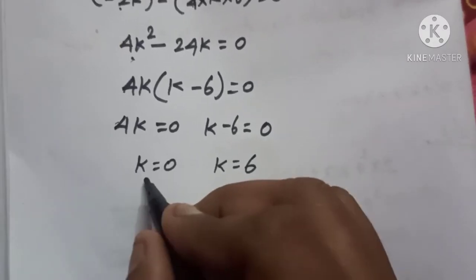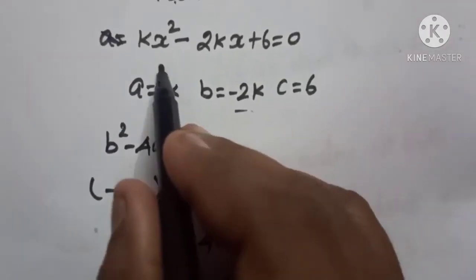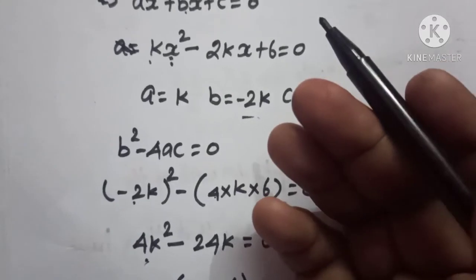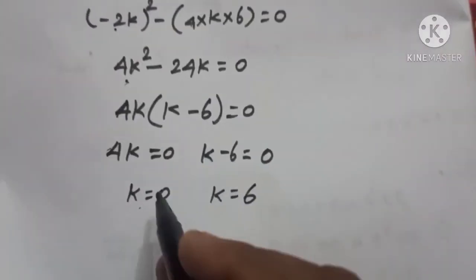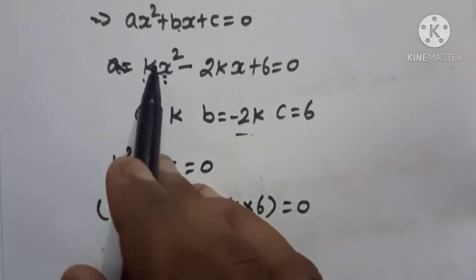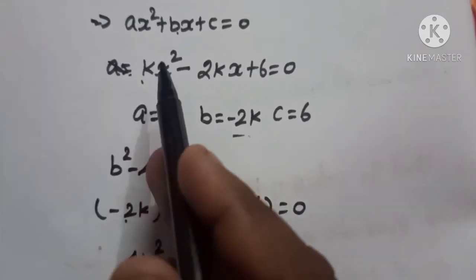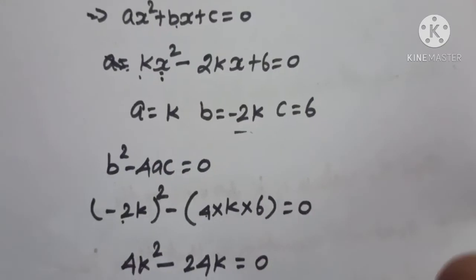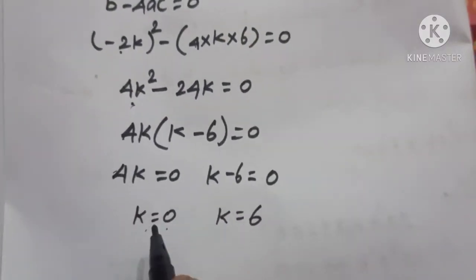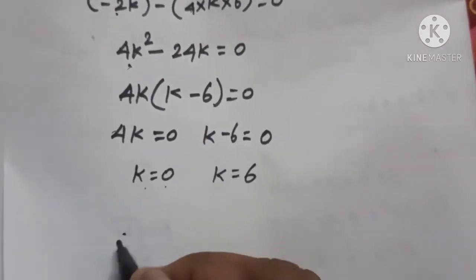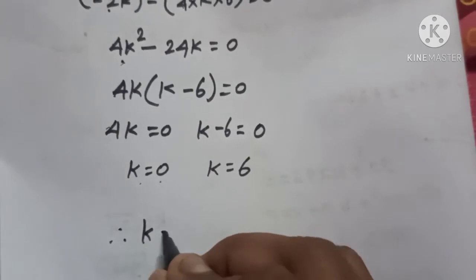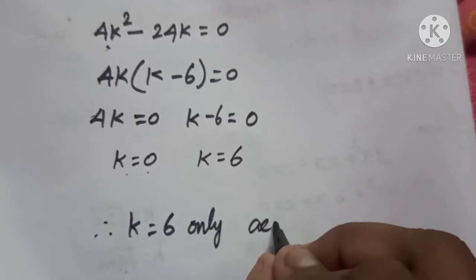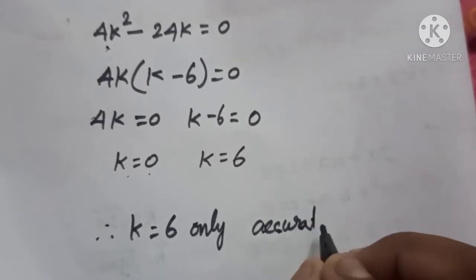You observe, if we substitute k is equal to 0, the x square term will be missing. We can't take the coefficient of x square as 0, because x to the power 2 only denotes a quadratic equation, on the basis of degree 2. So we can't take k is equal to 0. Therefore k is equal to 6 is the only accurate value.